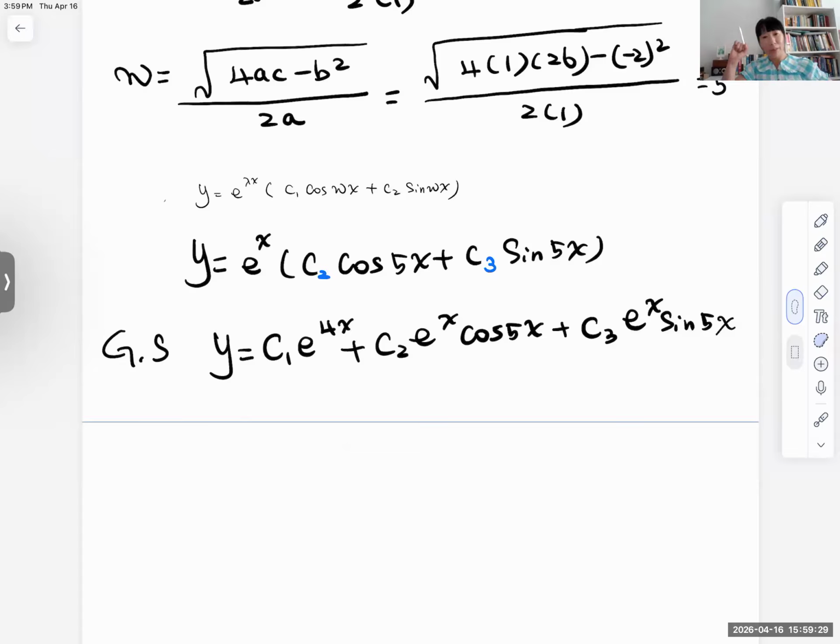Oh, it'll be messy. Okay, y prime. Y prime. Okay, the first term, 4 times c sub 1 e to the 4x, yeah? Second term, it's ooh, product rule.